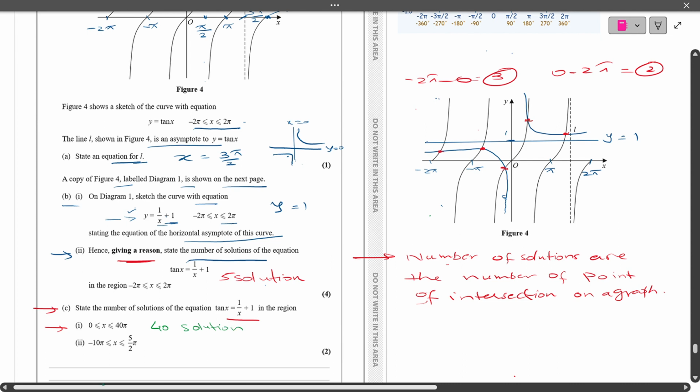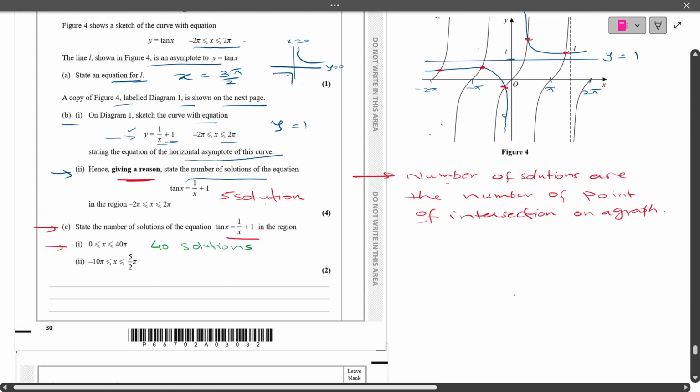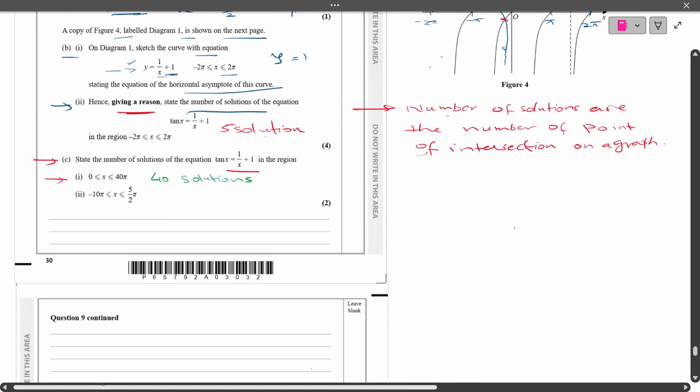Okay? If you want to work out, you can work out in this way by writing, for 2 pi, if I have two solutions, so for 40 pi, how many solutions do I have?